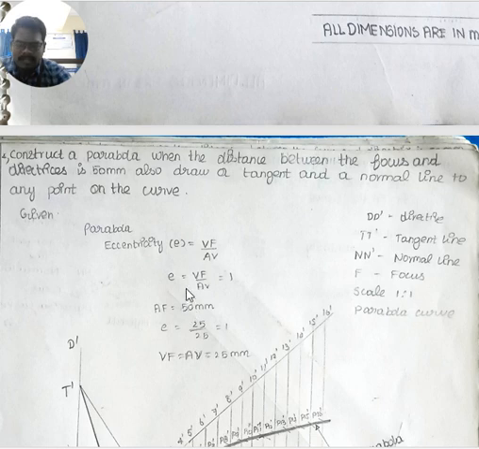If the eccentricity ratio is equal to 1, the moving point is moving with a ratio of 1 between focus and directrix. If so, the moving point's distance from focus will be 25 mm, or its distance from directrix will be 25 mm, so that the eccentricity ratio equals 1.